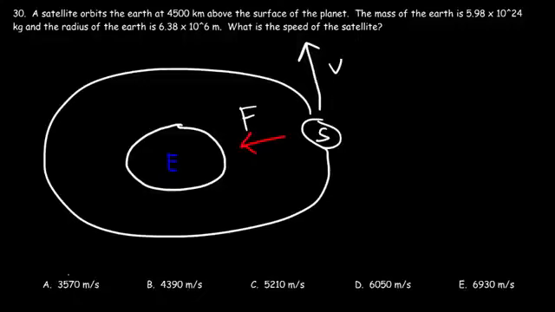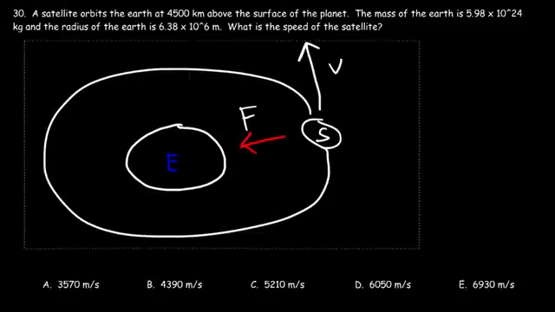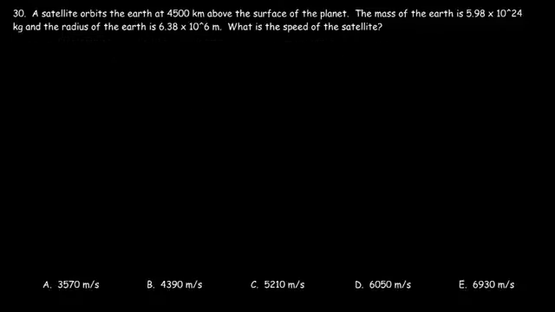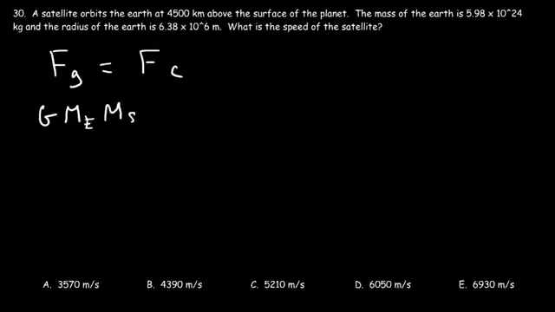So knowing that, I'm going to need more space, so let me just erase this for now. We could set the gravitational force equal to the centripetal force. Now the gravitational force between two objects is the gravitational constant times the mass of the Earth and the mass of the satellite, divided by the square of the distance between their centers.